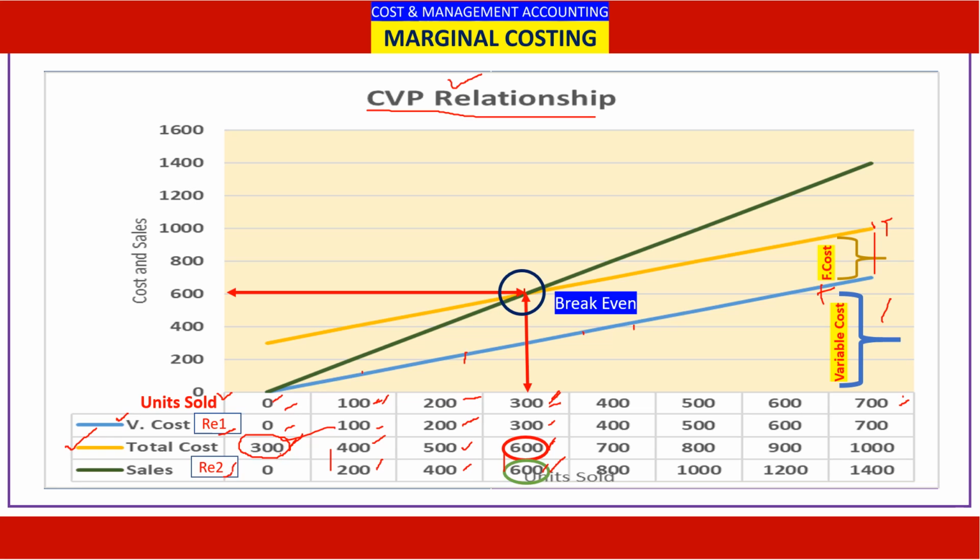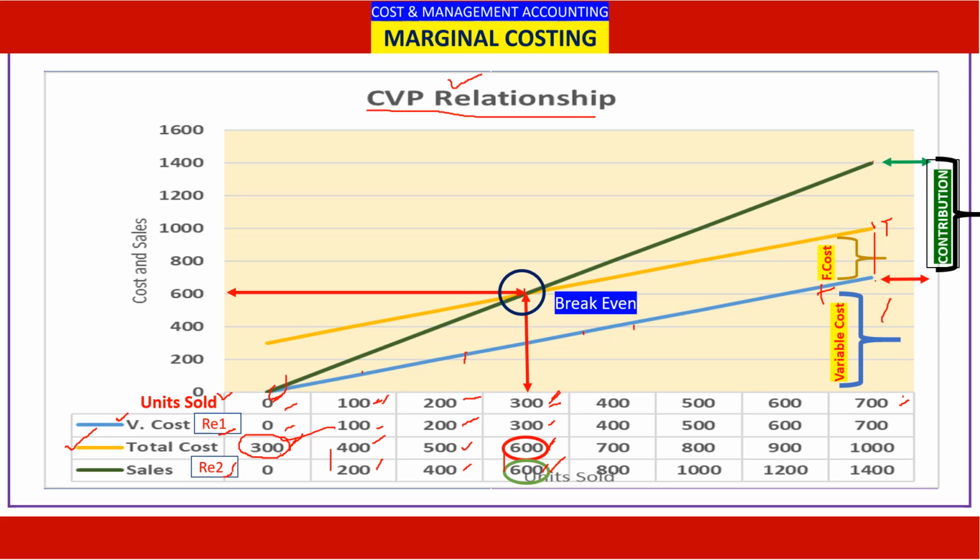Then we have got sales. Sales starts with 0, 200, 400, 600. It keeps on rising till it goes to 1400. This is the sales line. Now between sales and variable cost, we have got a concept called contribution.